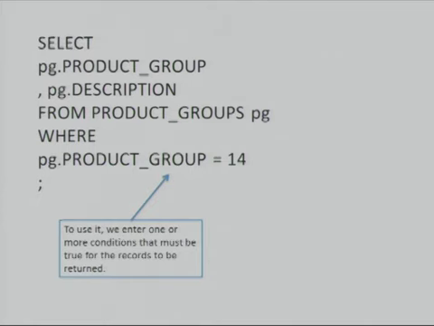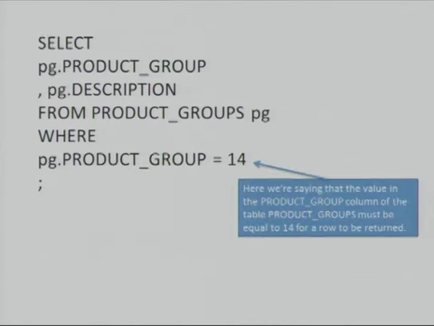We'll go through a bunch of different operators that you can use. Equals is probably the one you're going to use the most, but we'll cover a few other useful ones. This specific where clause is saying that the value in the product group column of the product groups table must be equal to 14 in order for the results to be returned.